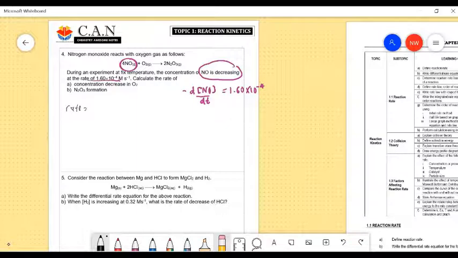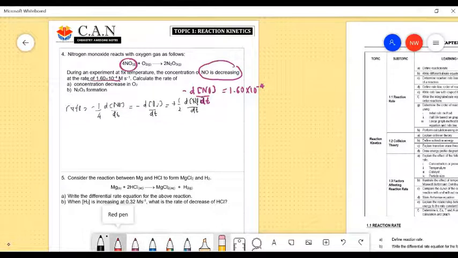I tulis dahulu. So, rate equal to negative 1 over 4 dNO over dt equal to negative dO2 over dt equal to positive 1 over 2 dN2O3 over dt.